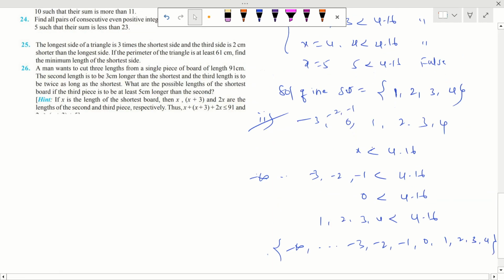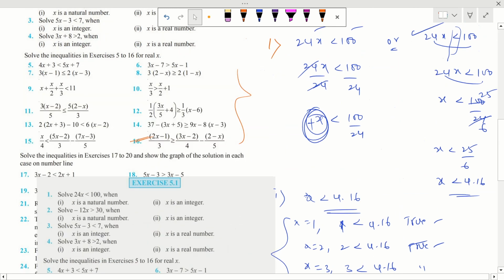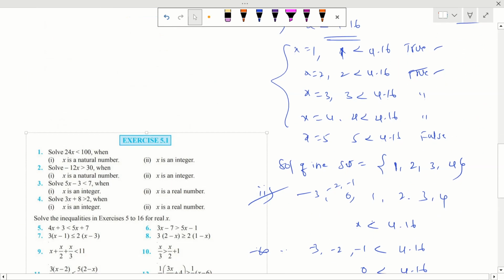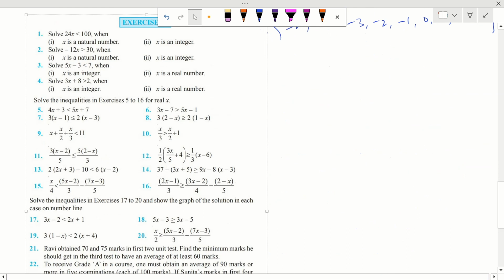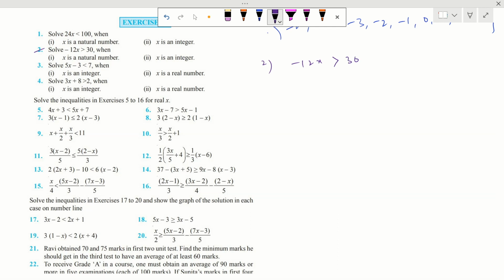Now come to the next problems. Okay, these are similar problems, right? So the second one is given here: minus 12x is greater than 30. So here I am taking this 12 to this side, then it is minus x is greater than 30 divided by 12.